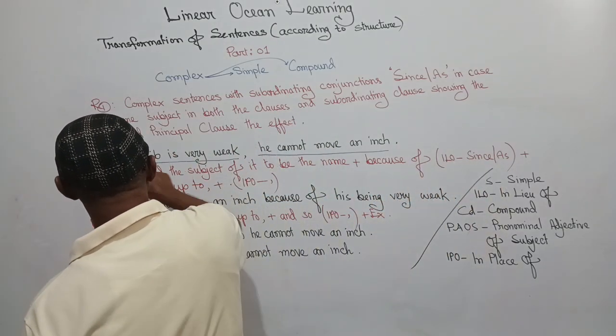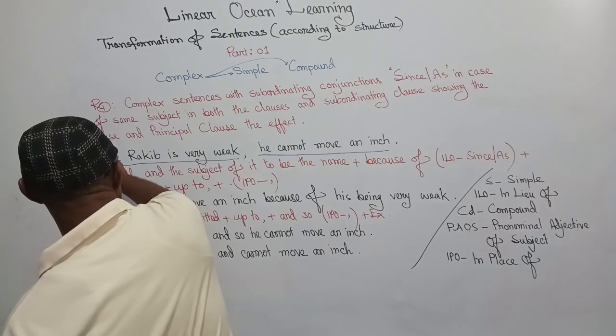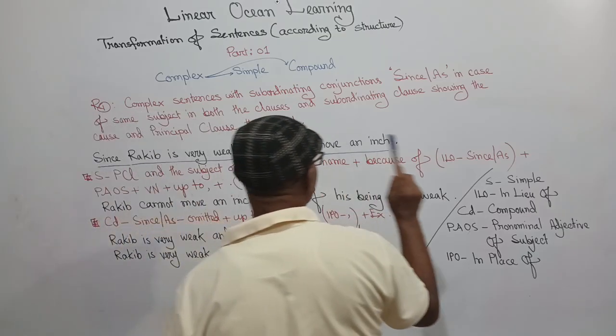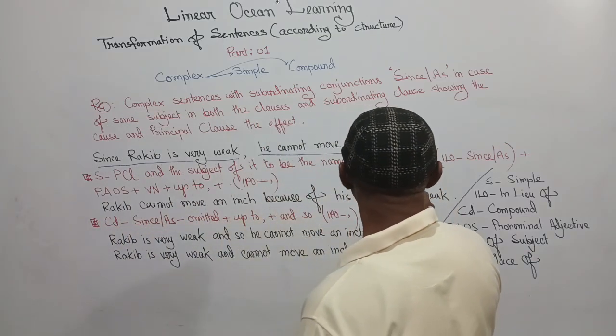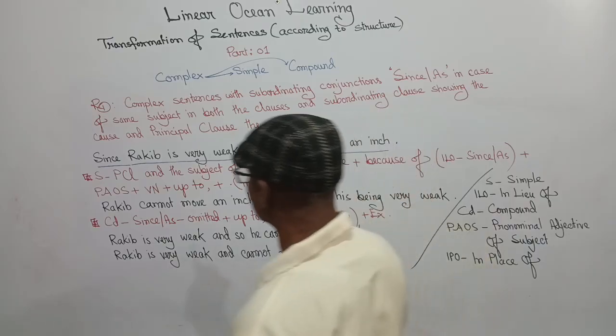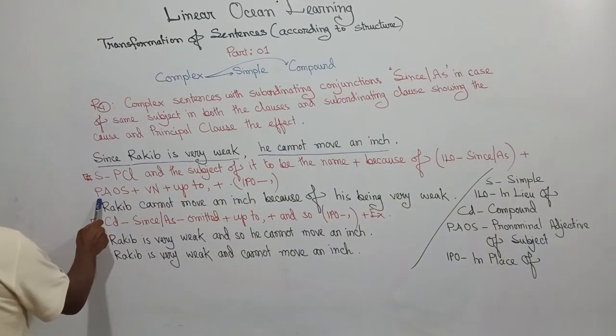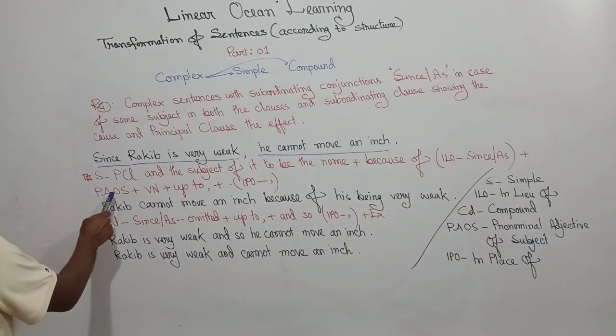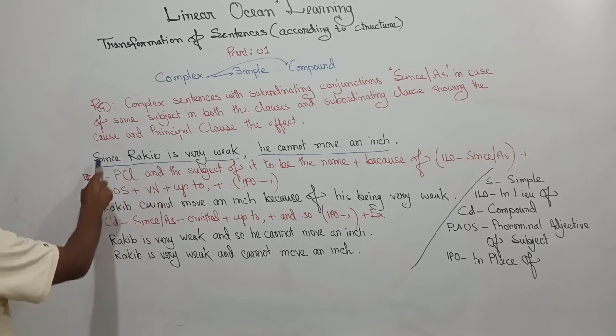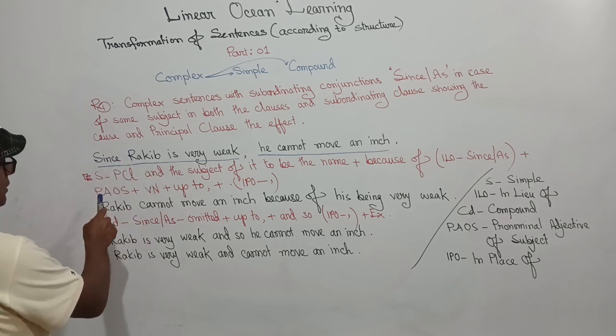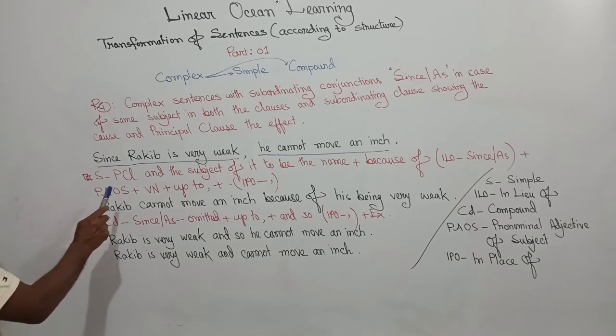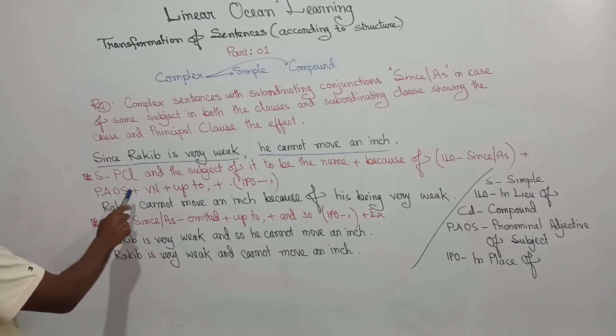In the subordinating clause, since is the subordinating conjunction, and in place of it, it will be because of, plus possessive pronominal adjective of subject. Subject is here Rakib, and its pronominal adjective is his, plus VN, verbal noun.